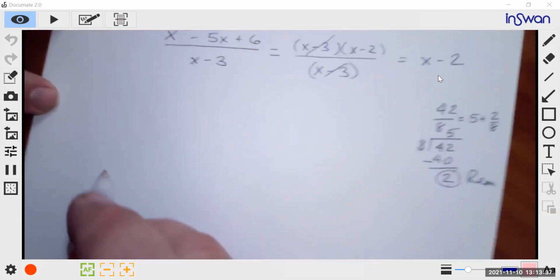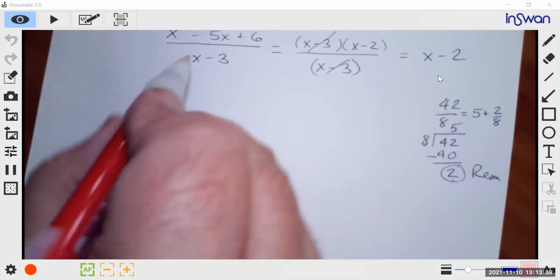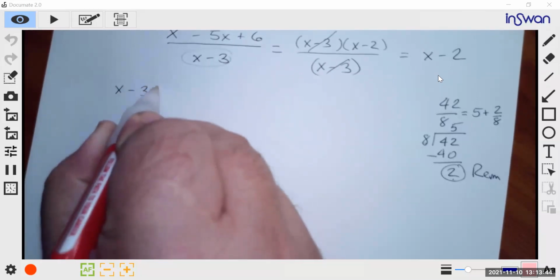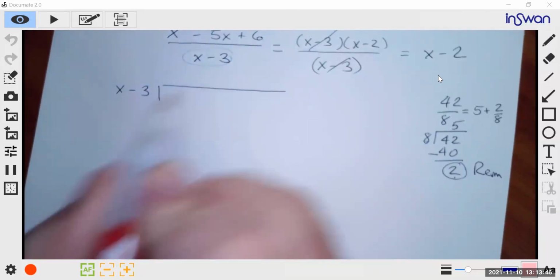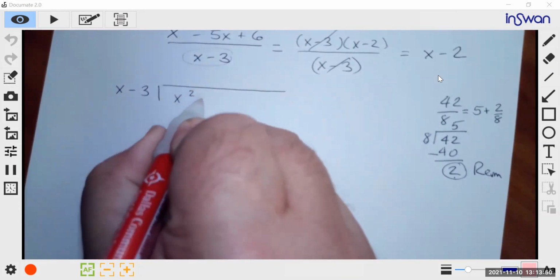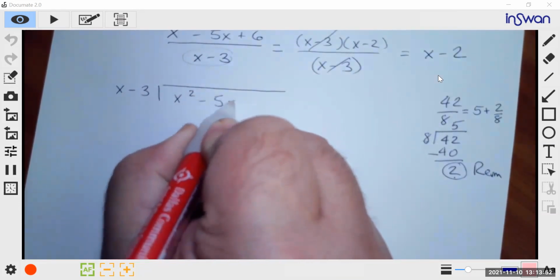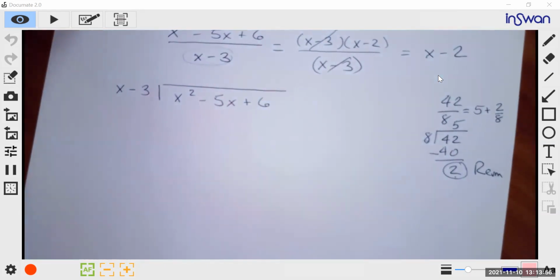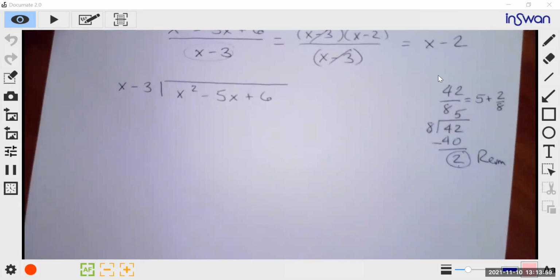We do the same thing here with polynomials. Whatever's on the bottom goes to the side, and the polynomial goes inside that divisor. Here's a note.